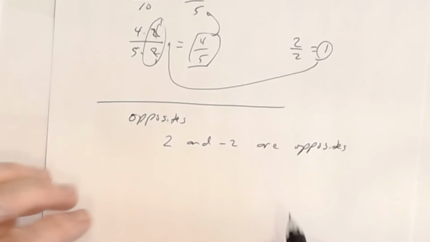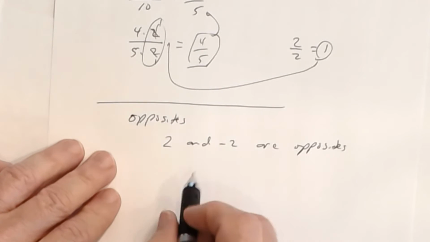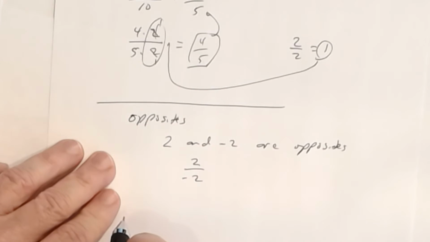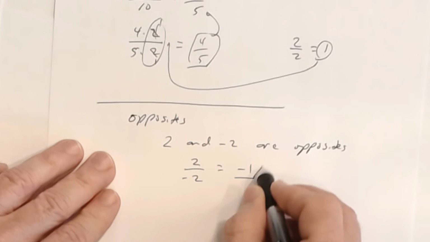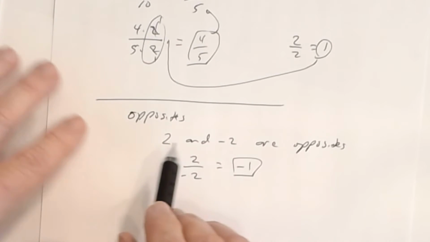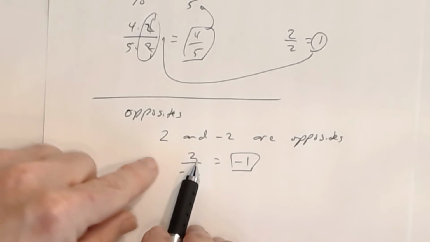In particular, though, if I divide two things that are opposites of each other, two factors that are opposite of each other, notice what happens. 2 divided by negative 2 is negative 1, right? So when we talk about letter B, I want you to think about the idea of opposites.